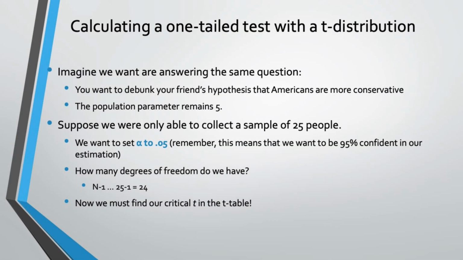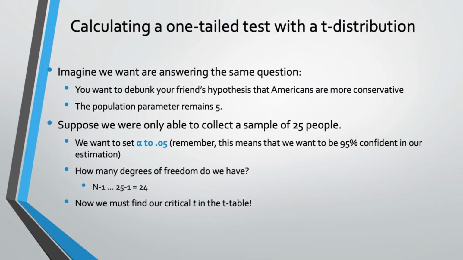So imagine we're answering that same question from the part 1 lecture. You want to debunk your friend's hypothesis that Americans are more conservative. The population parameter remains 5, but suppose we were only able to collect a sample of 25 people. We're going to set alpha to 0.05. We want to stick with our 95% confidence. Now the first thing that we have to do is calculate those degrees of freedom.